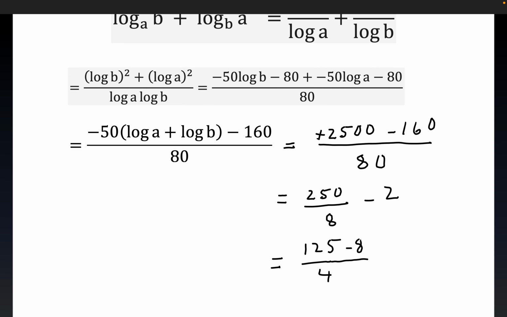Yes. So, y'all, I'm getting 117 over 4. This is the final answer I got. There's a chance I made an arithmetic mistake, but the idea is very clear, and I don't see any obvious mistakes, unless I lost a sign somewhere.